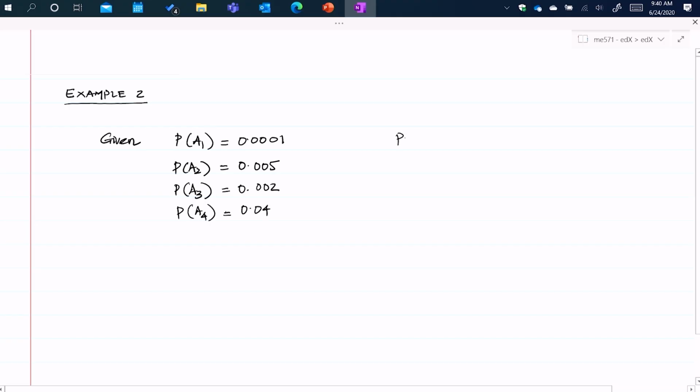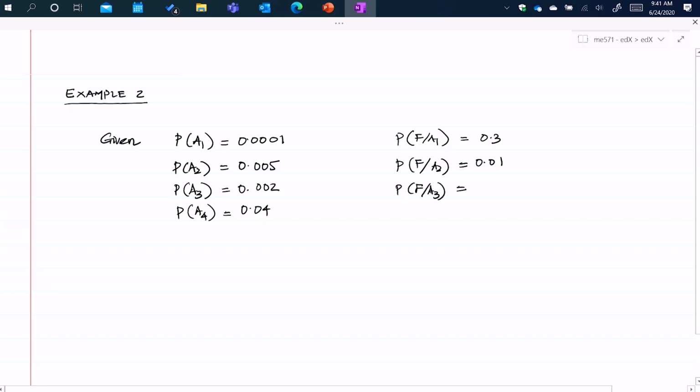And we're also given the probability of failure given event A1. And this is what we would do in a lab experiment. We would isolate a specific failure cause and ask the question, what's the probability that it will lead to system failure?